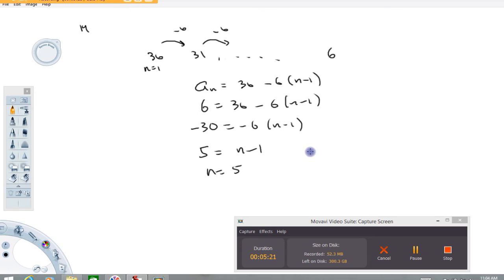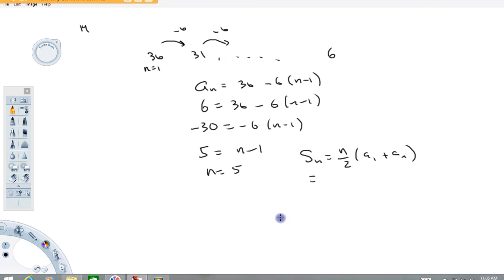So that's going to be the sum of this sequence, which we can calculate using n over 2 times the first one plus the last one. So the n is now 5/2 times a1, 36 plus the a sub n, which was given in the problem. I'm going to go ahead and calculate a value.